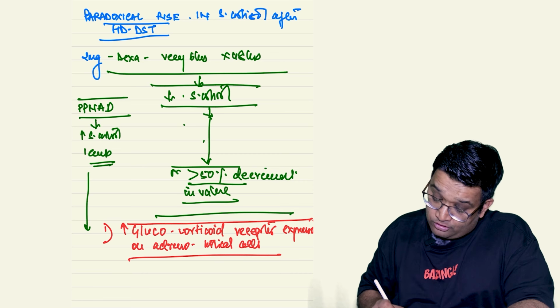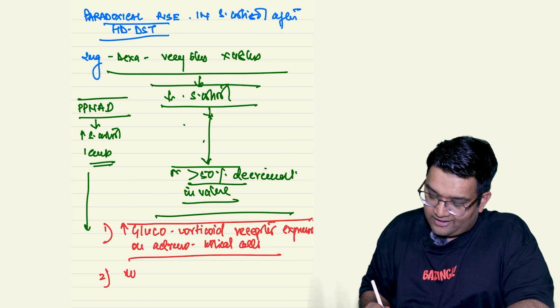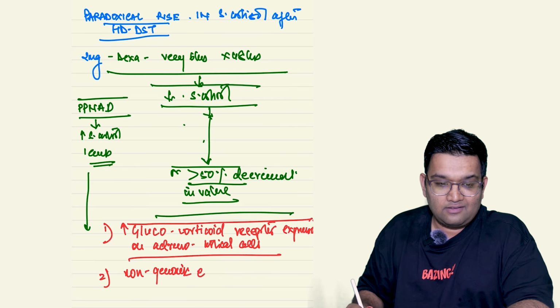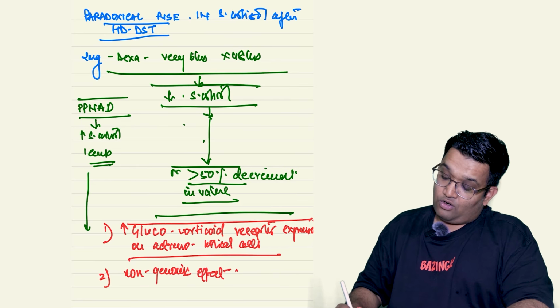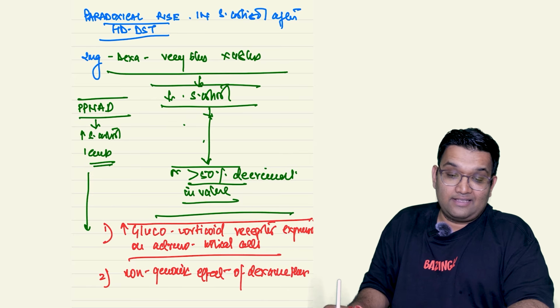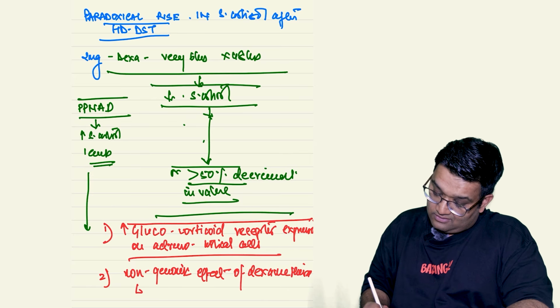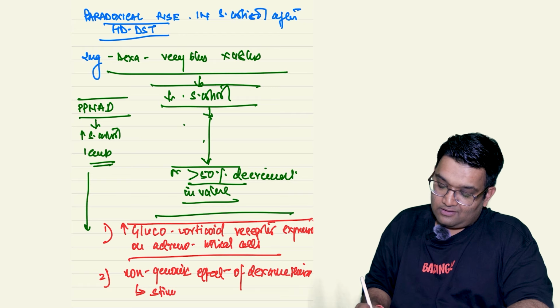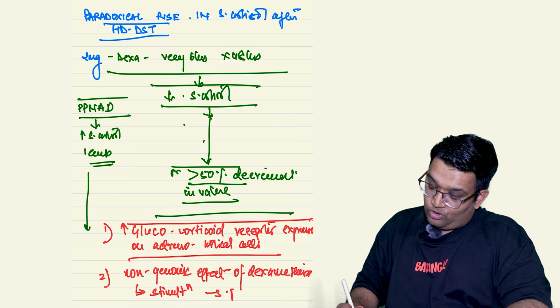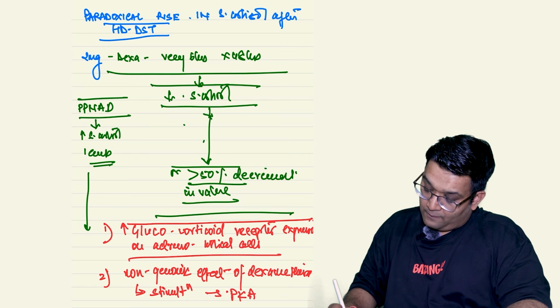And there is also a non-genomic effect of this dexamethasone, and this will cause stimulation, as there is a protein kinase A mutation.